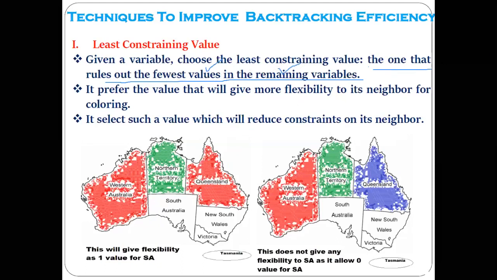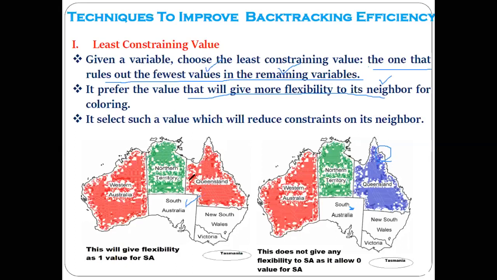Understood? But if you go like this, we are not having any option remaining to choose the color for this region. And that is what I have written in another way: it prefers the value that will give you the flexibility to its neighbors. Here, South Australia is getting some flexibility to choose the color.